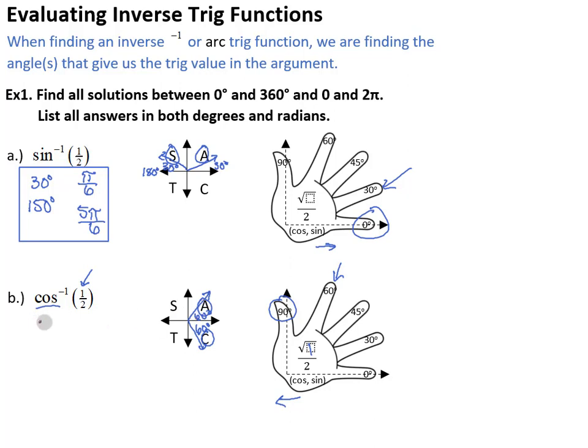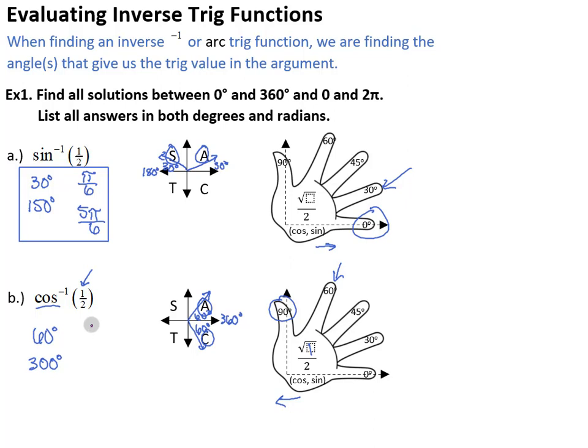So in quadrant 1, that corresponds to 60 degrees directly. In quadrant 4, for me, the easiest way is probably to go back 60 degrees from 360, which would correspond to 300. Now, these are our two answers. We just want to convert them both to radians as well.